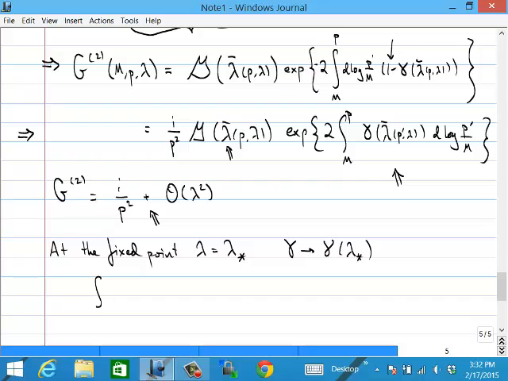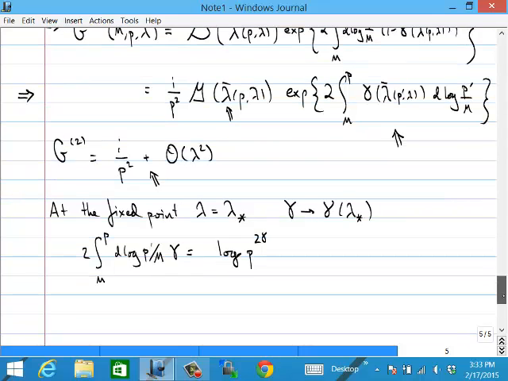So the integral d log p of gamma, what is that? Well, that's just 2 gamma times the log of p, otherwise known as the log of p to the 2 gamma.